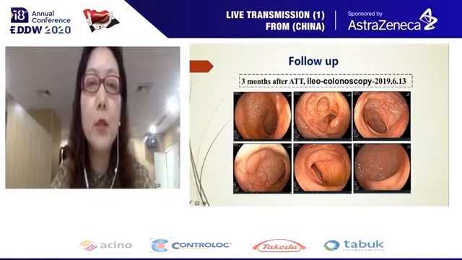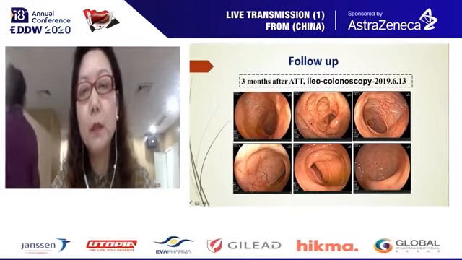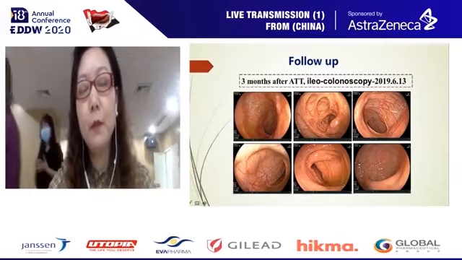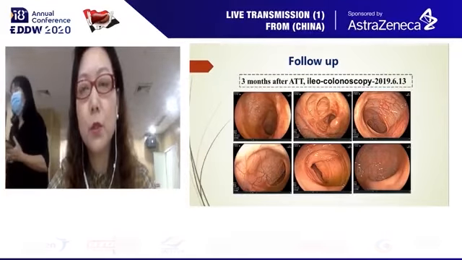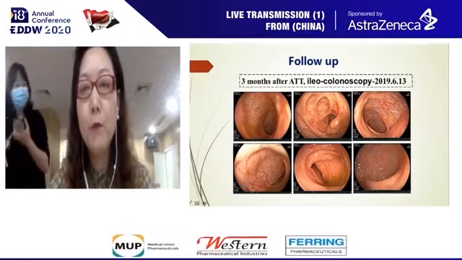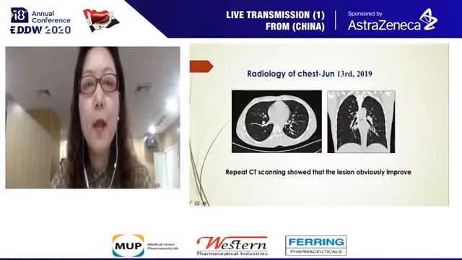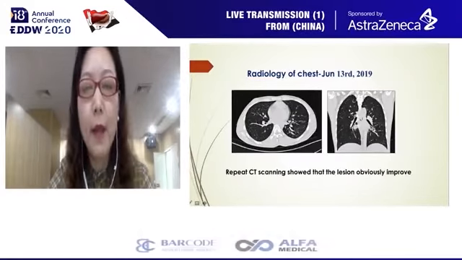And here's the follow-up. 3 months after ATT, repeat ileocolonoscopy showed remarkable improvement. We can see the scar and the pseudopolyp formation, and the mucosa gets smooth. And the repeated CT scan showed that the lesion obviously improved in the left lung.